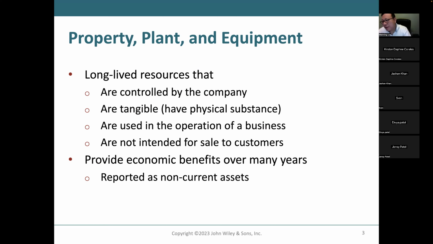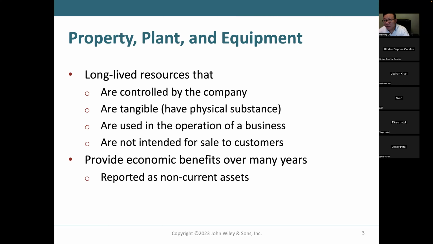The idea we say this is a long-lived asset is because these resources are able to provide economic benefits over many years, and they are considered non-current assets. In the previous chapters, we learned about the concept of current assets.